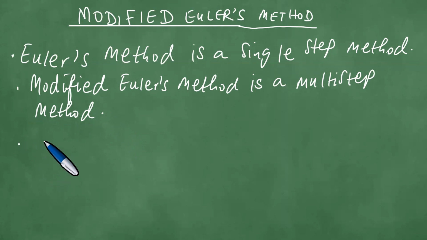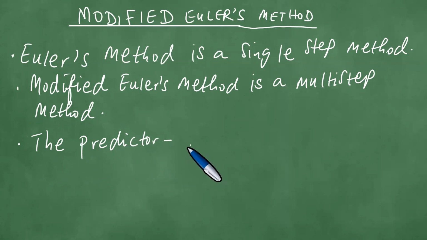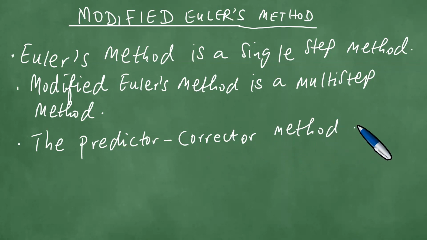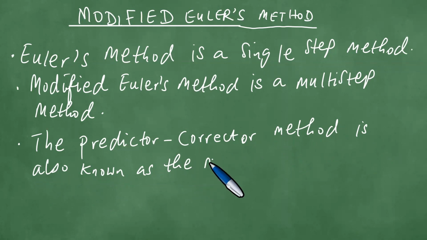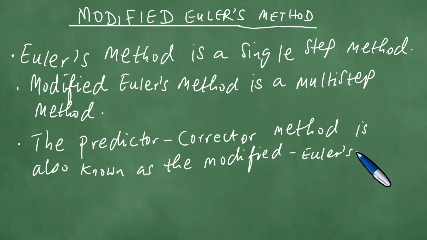Moreover, I want to make mention of the fact that the predictor corrector method is also known as the modified Euler method or Euler's method.